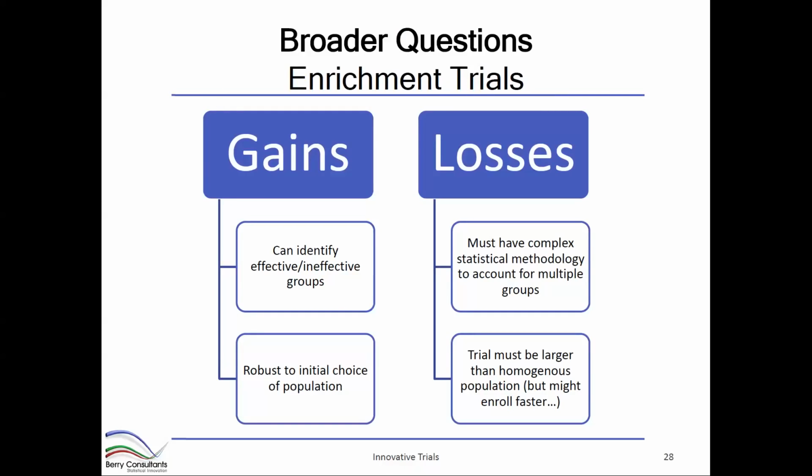So that requires a lot of statistical expertise. The trial typically has to be larger than doing something homogeneous because you have to allow the possibility of all these groups. On the plus side, that may actually allow you to enroll faster. If I'm enrolling a broader population, that potentially gives me a better opportunity to get patients in because I have more patients eligible.